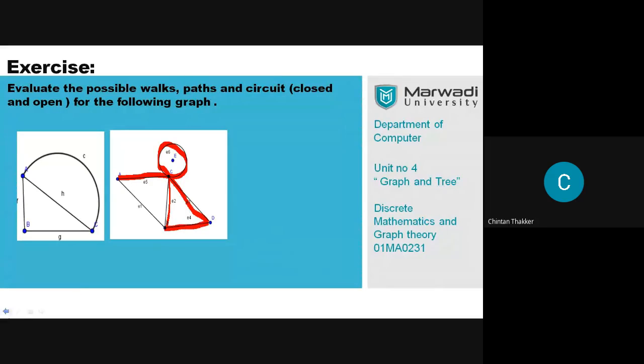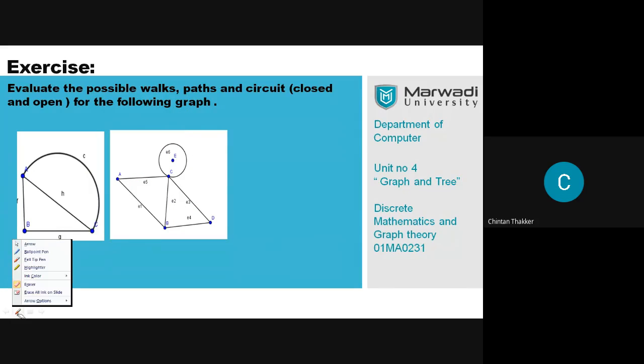We start with A and we end with C. So it is a walk from A to C using 5 edges. So it has length 5. Okay. Understand?